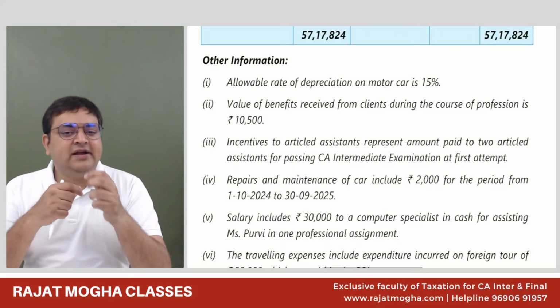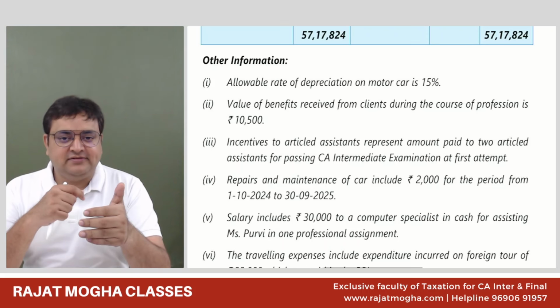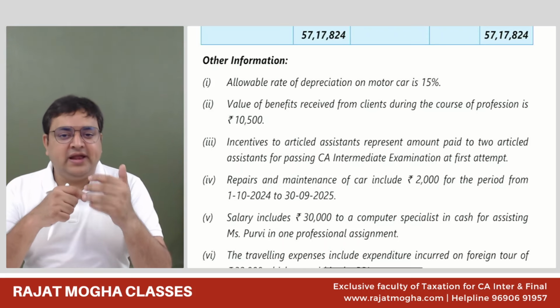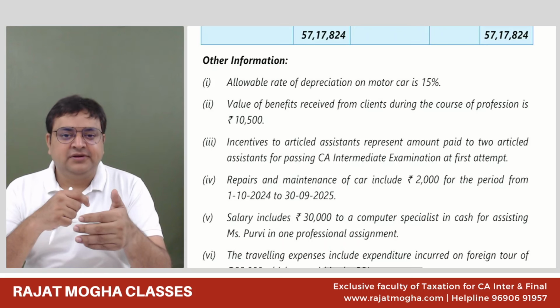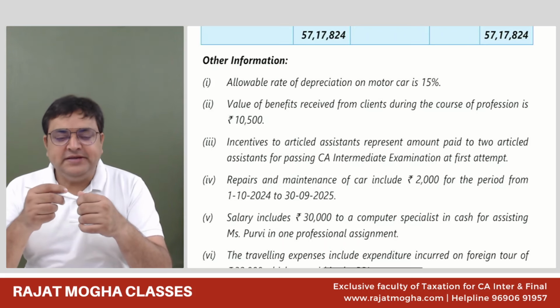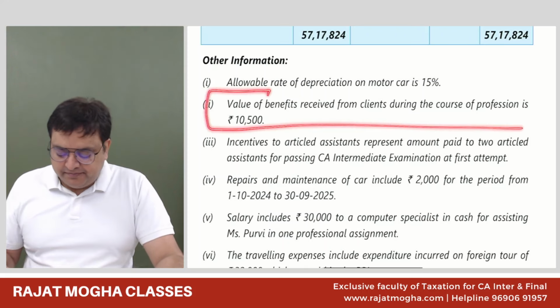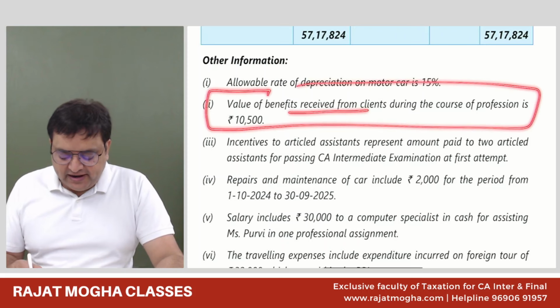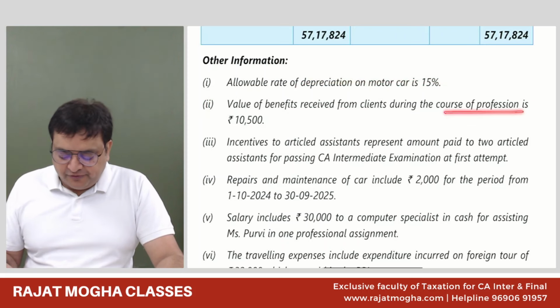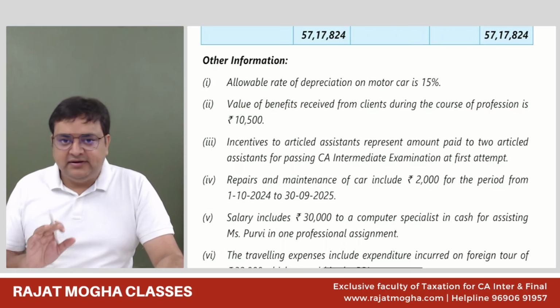Section 28 says that any gifts, any perquisites, any facilities which you receive from your clients, from your customers during the course of your business or profession, that is your PGBP income. So we should add this in our PGBP income. So it is the gift from the clients during the course of the profession. It is our PGBP income. Section 28 specifically tells this.